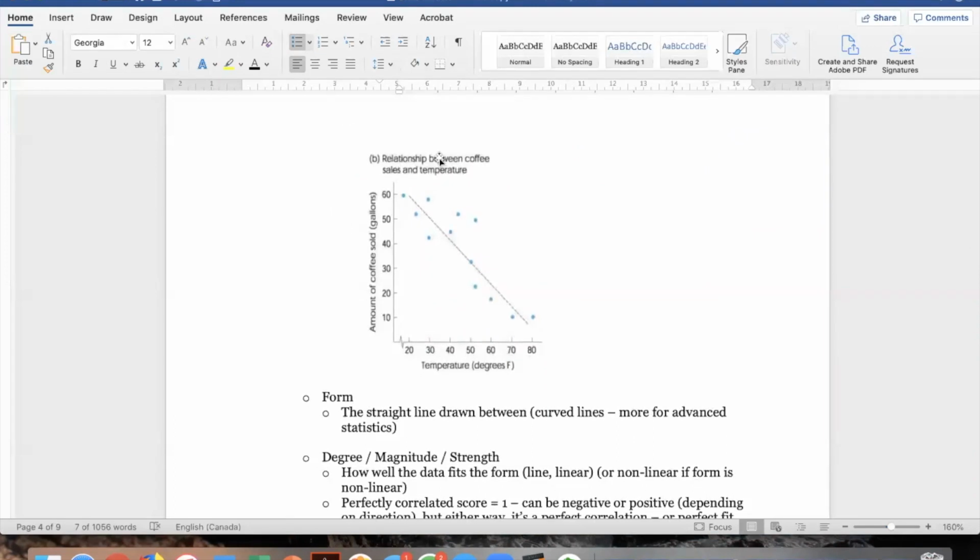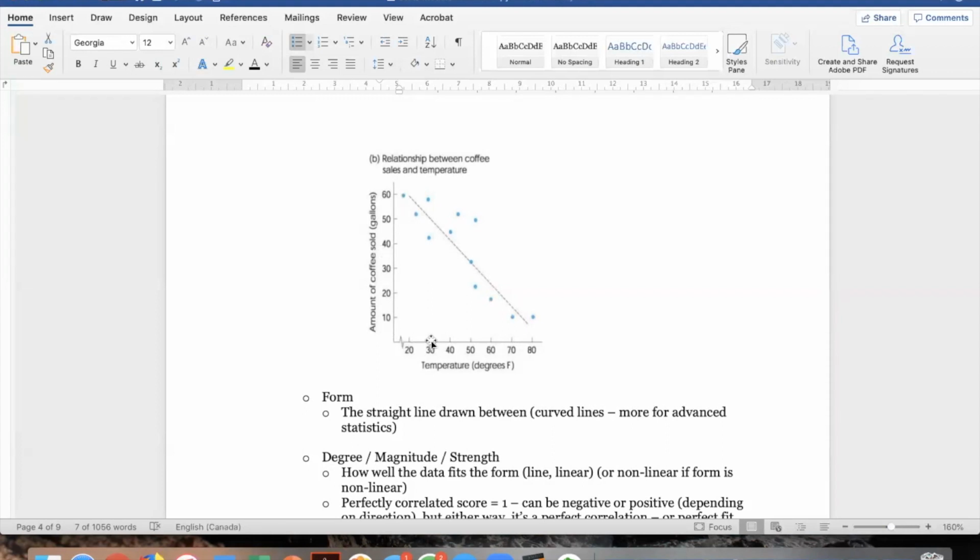So we're talking about the relationship between coffee sales and temperature, right? Here's your coffee sold, so we have 10 and so on, and temperature in degrees. So as the temperature is going up, this here is selling 60 gallons when the temperature is 20.